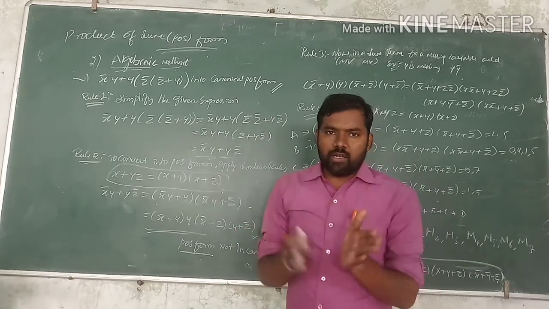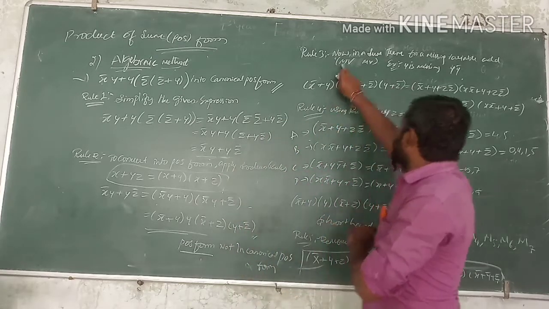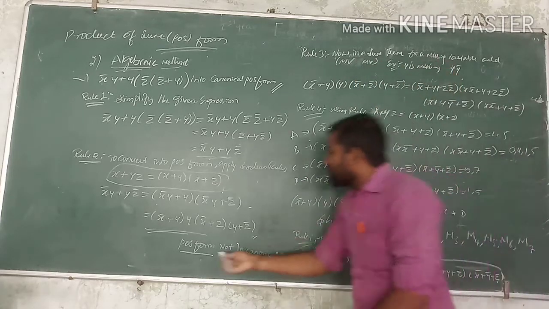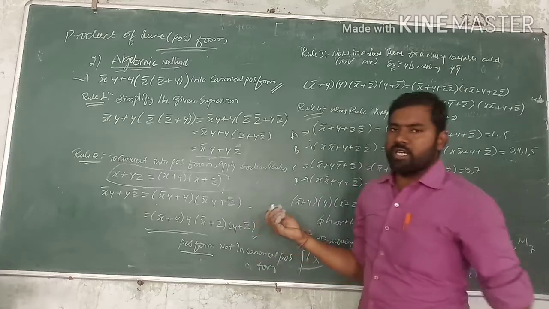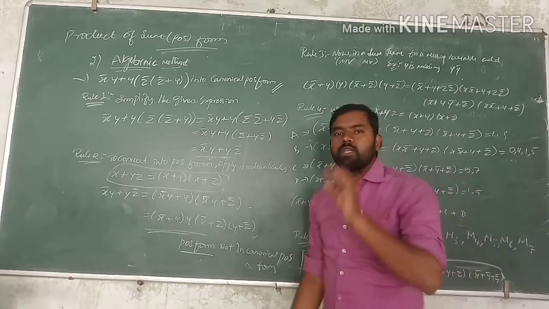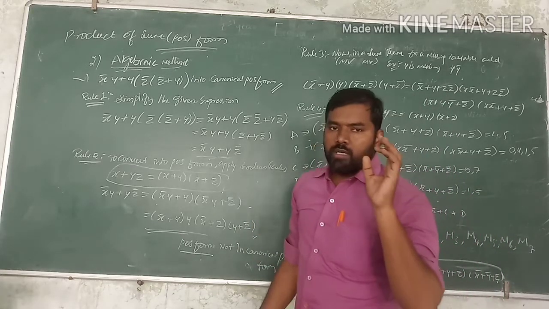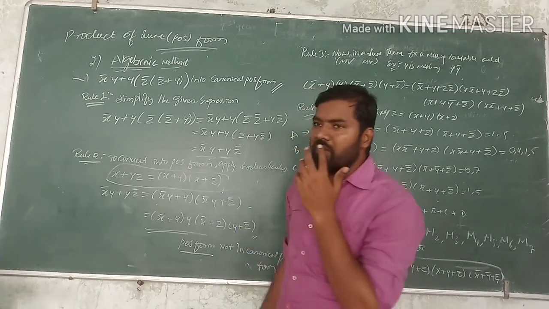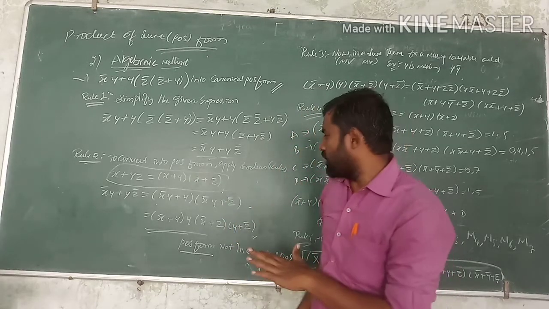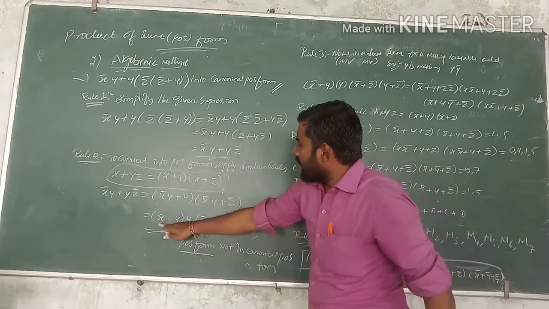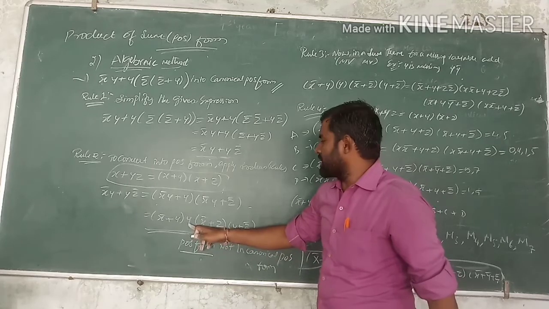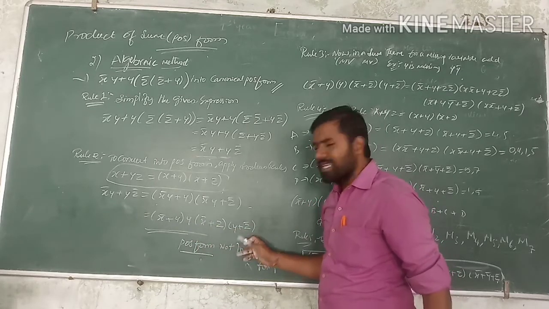To convert to the canonical product of sum, we need to do it now, since some terms are missing. In the obtained equation, place the variable where the variables are missing. In the above equations, x complement plus y, here z is missing, here xy is missing, here y is missing, here x is missing.